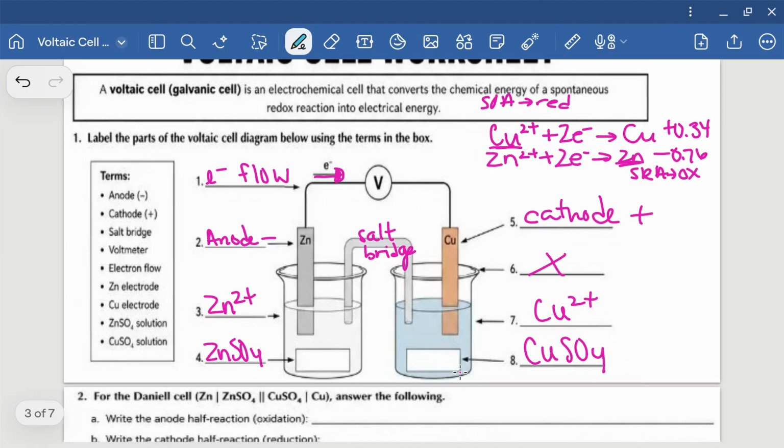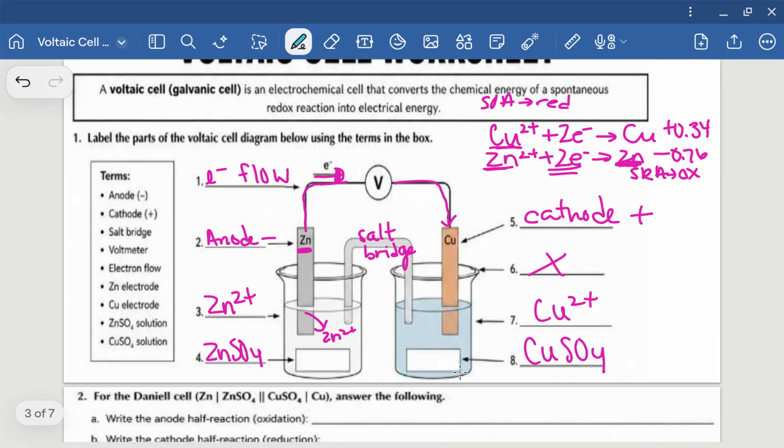And now what we want to remember is if this zinc is undergoing oxidation, it is essentially this reaction backwards. It is breaking up into zinc ions and electrons. So your ions, when it breaks apart, will be in solution, and your electrons are going to leave and go over to the cathode.